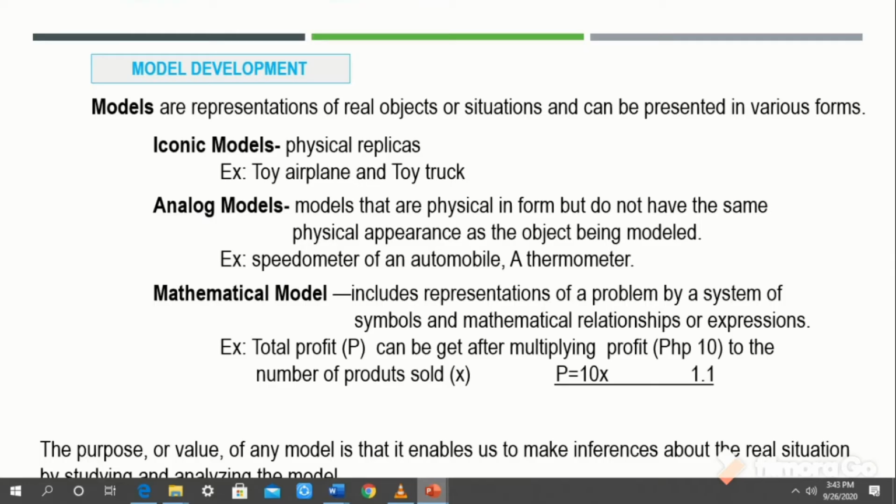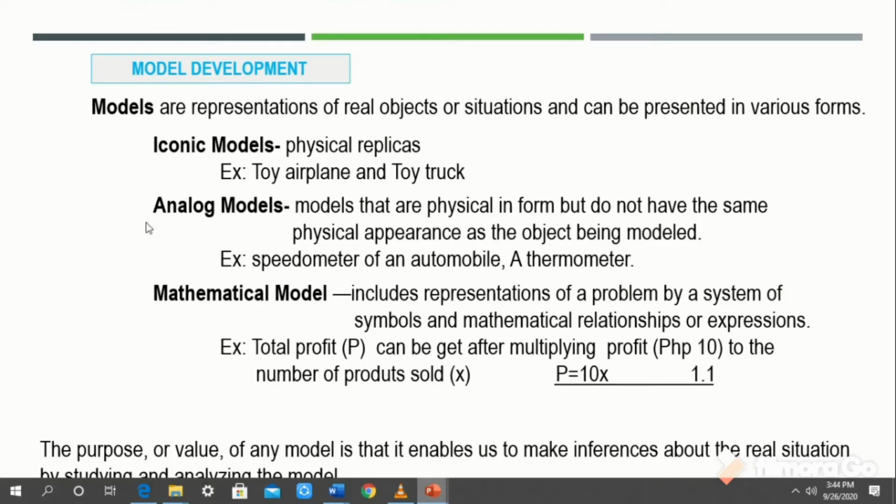Similarly, the thermometer represents a temperature. What they represent is not physically the same in form. Now, another is the mathematical model.